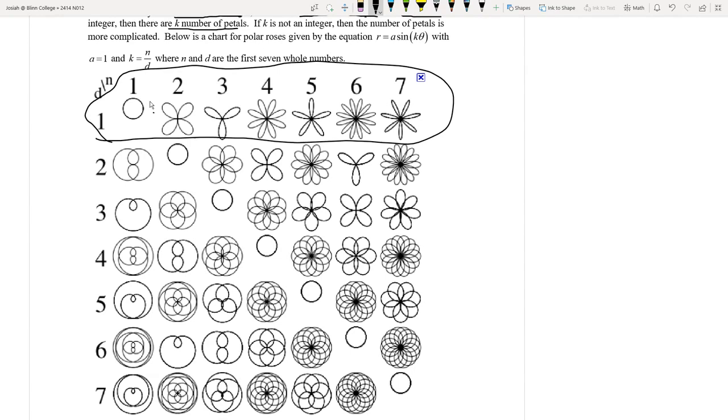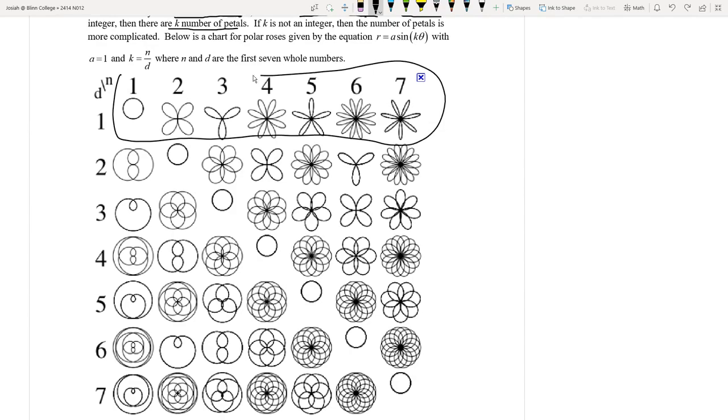We'll talk about just whole numbers multiplied by theta, as far as tests and stuff like that go. So technically we will be talking about this diagonal since it's all just 1. These look very nice, these look cool, but we're not going to be working a whole lot with them. We're going to focus on the whole number side of things. It'll be good to just be aware that these exist.